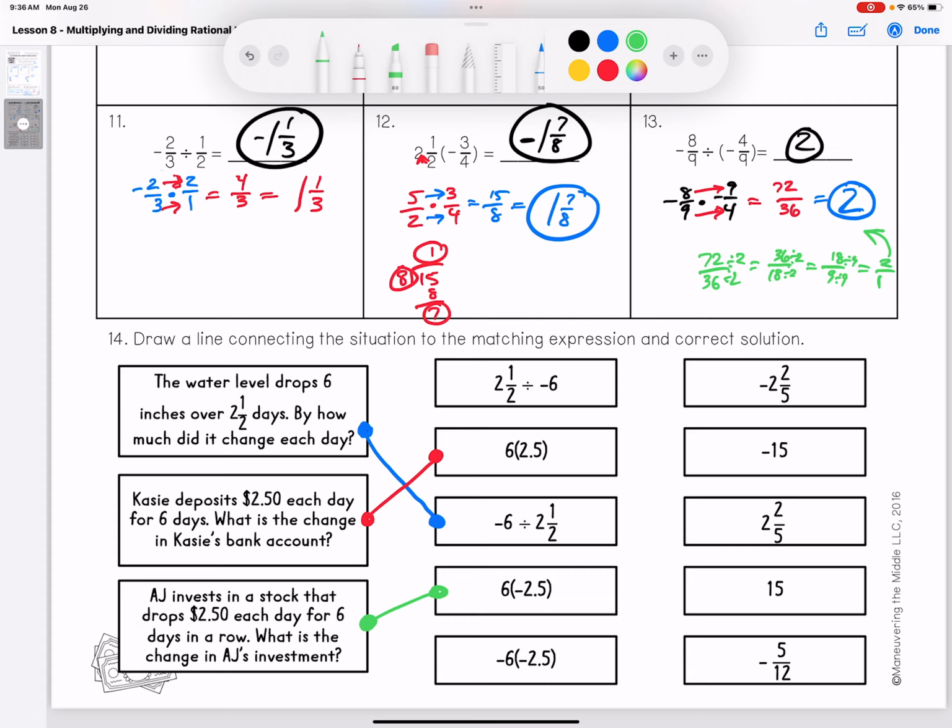All right. So now we need to match the next ones. The ones we're not using are this one and this one. All right. So what is the answer? -6 divided by 2.5.